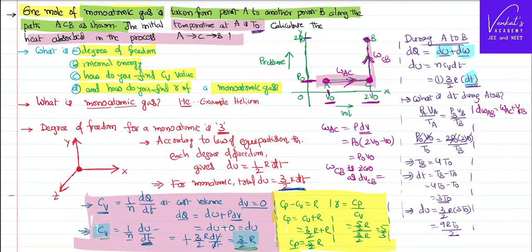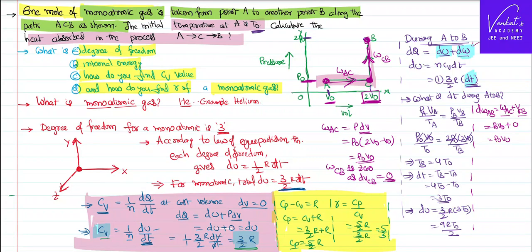It is 2V0 here, and here also it is the same 2V0. So there is no change in volume, and work won't be done when there is no change in volume. That implies the total work done is the work done during AC as P0V0, plus the work done during CB as 0 because the volume is constant there. So the total work done is P0V0.